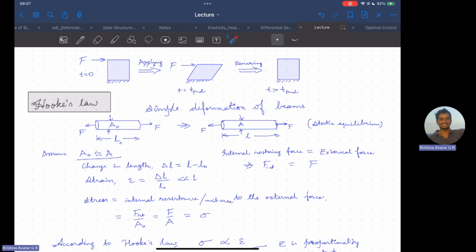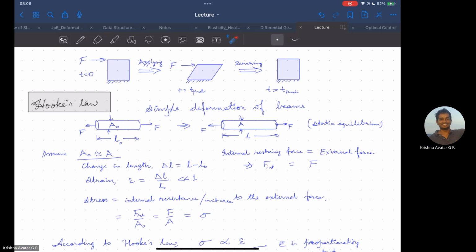After we apply an extensional load F, it extends a bit along the longitudinal axis till it attains something called static equilibrium. In this condition, the internal restoring force of the structure equals that of the external force. That's the reason we call it equilibrium and static, because the body stays in that situation for as long as the load is being applied for an elastic material.